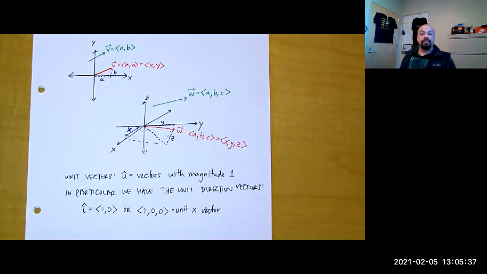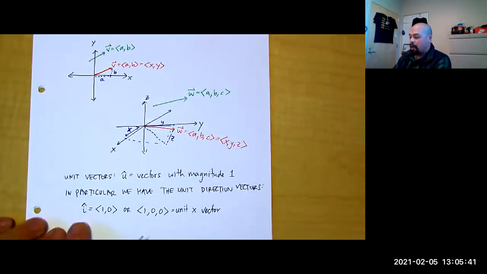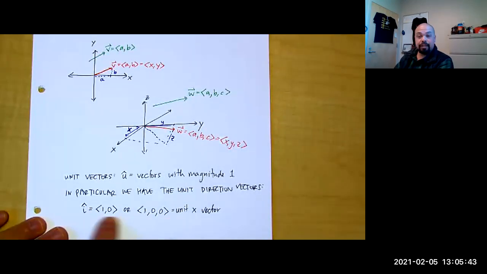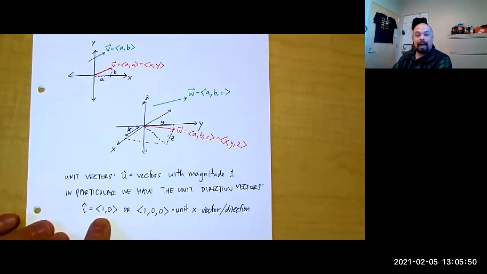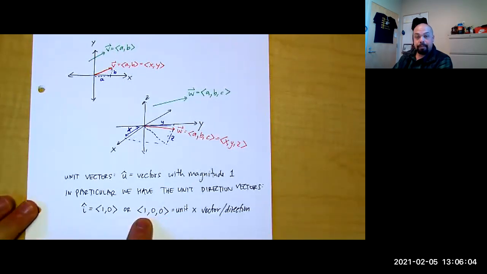The x direction vector: if I want to identify that I'm going in the x direction, I can use this vector i hat, just a unit in magnitude, either in 2 space 1, 0, or 3 space 1, 0, 0. The y and z components are all 0, so it's purely going in the positive x direction.